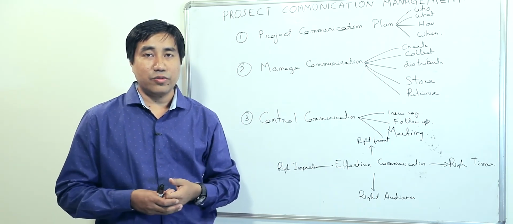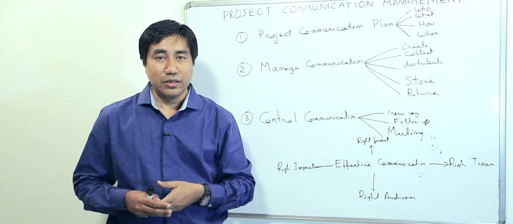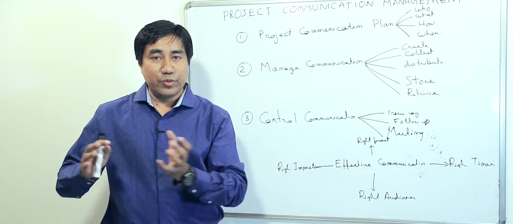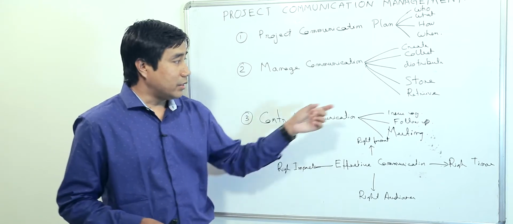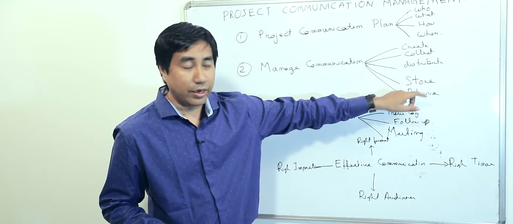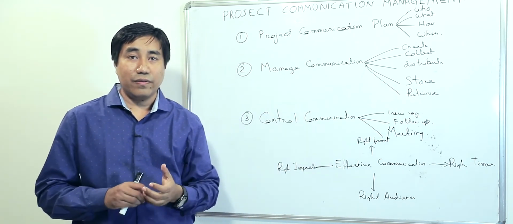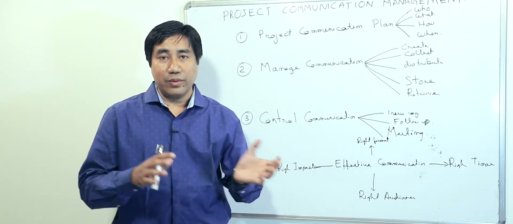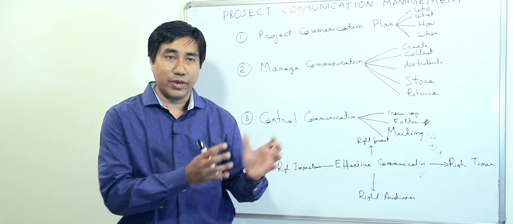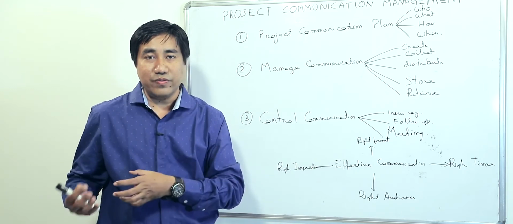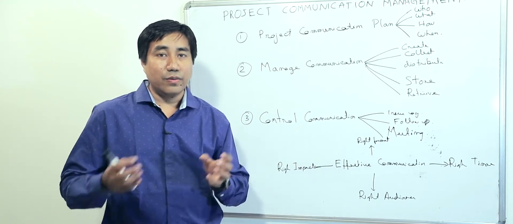After the reports are sent out through the particular distribution list, we store the information properly in our repository. Then we have another component called retrieval. Once project information is stored in a particular place, it should also be very easy to retrieve back for reuse.